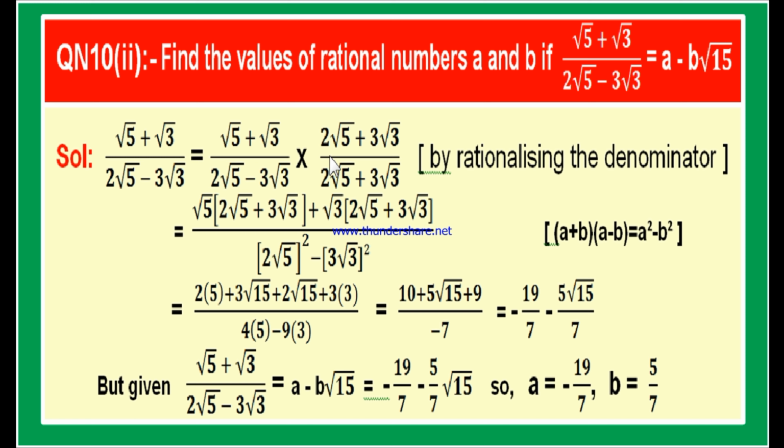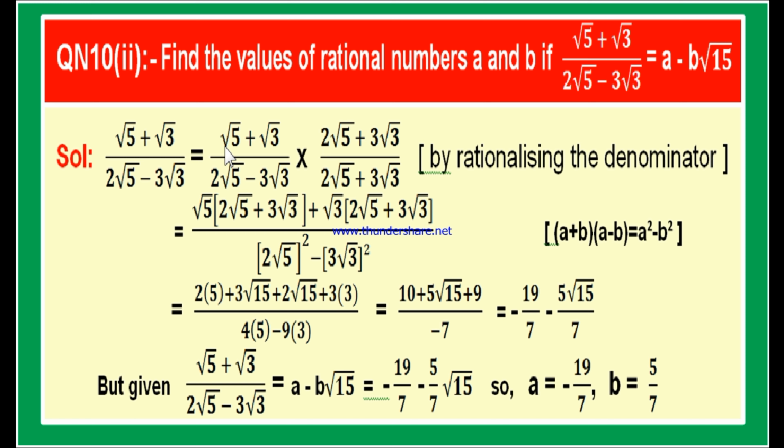Now, if you observe, the numerator is nothing but (√5 + √3) into (2√5 + 3√3). First of all, let us multiply 2√5 + 3√3 with √5, that is √5 into (2√5 + 3√3), plus the second term here, √3 into (2√5 + 3√3).